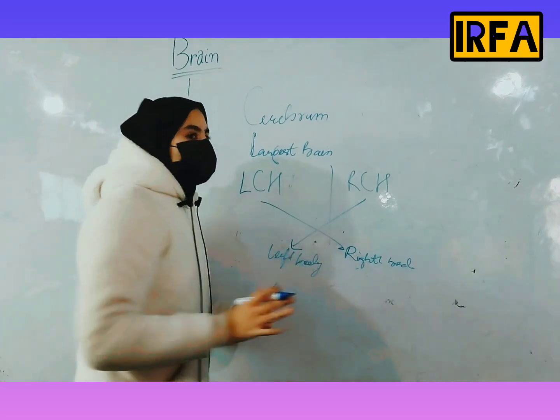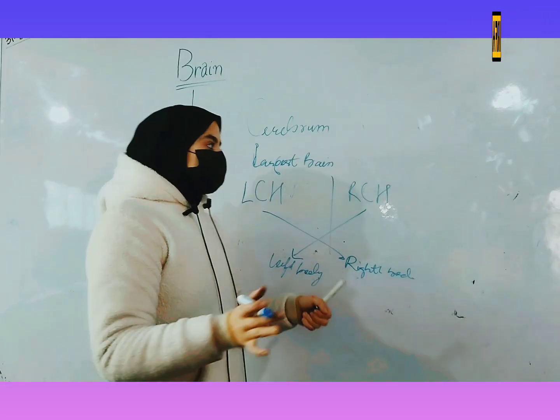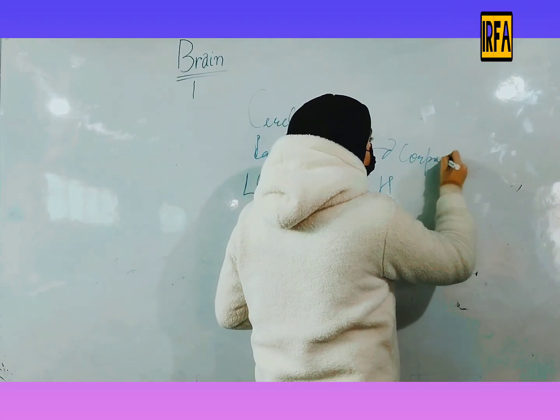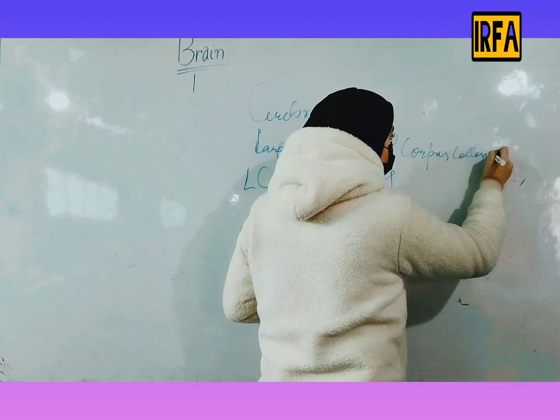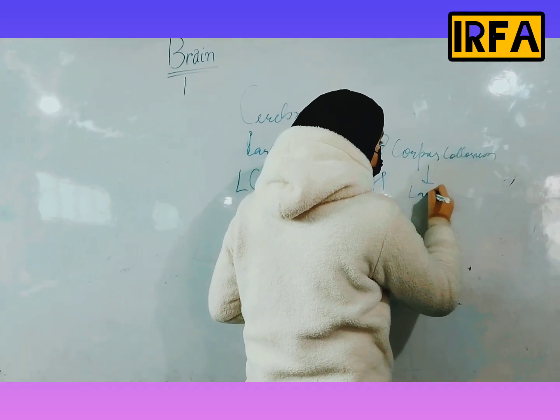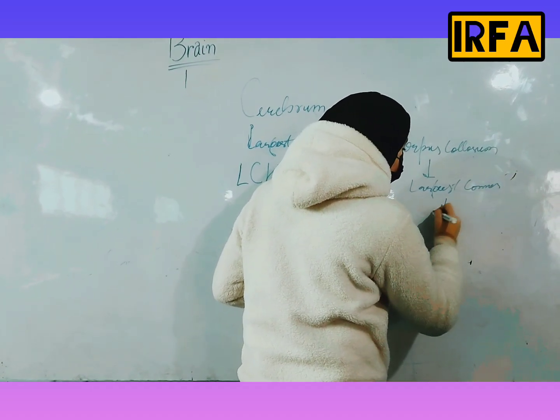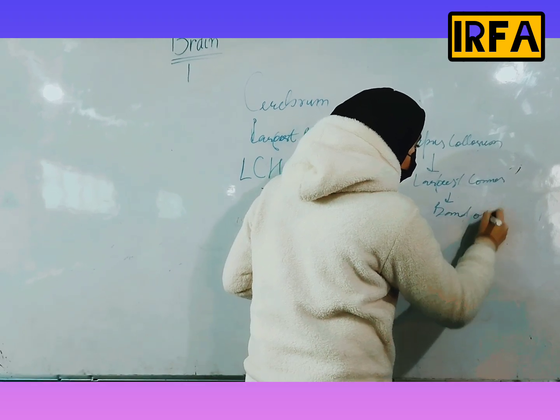And these two hemispheres are connected with a band of nerves that we call corpus callosum. It's just a band of nerves.